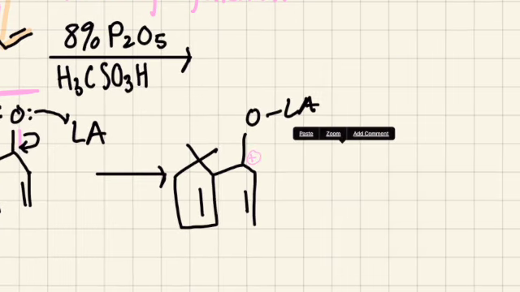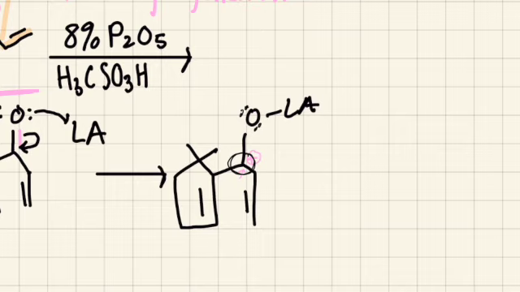Now, this carbon is in a very bad position because, one, it's already electron deficient. This positive is telling us it needs electrons. And the other reason is that it's next to this highly electronegative oxygen atom, so there's way too much electron deficiency going on here.